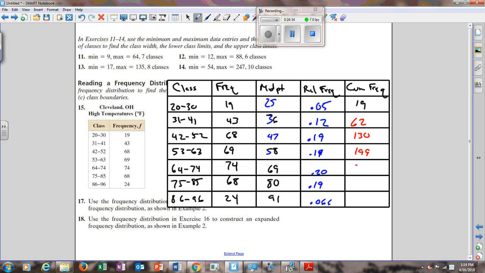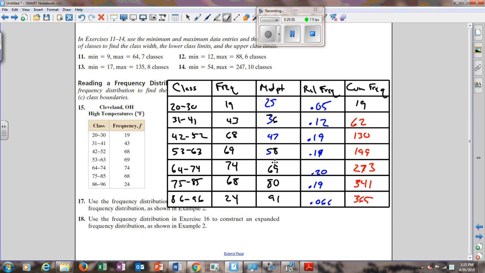Gives you 273. Add 68. Gives you 341. Then add 24. And it should give you 365. It's not too bad, just a lot of work.